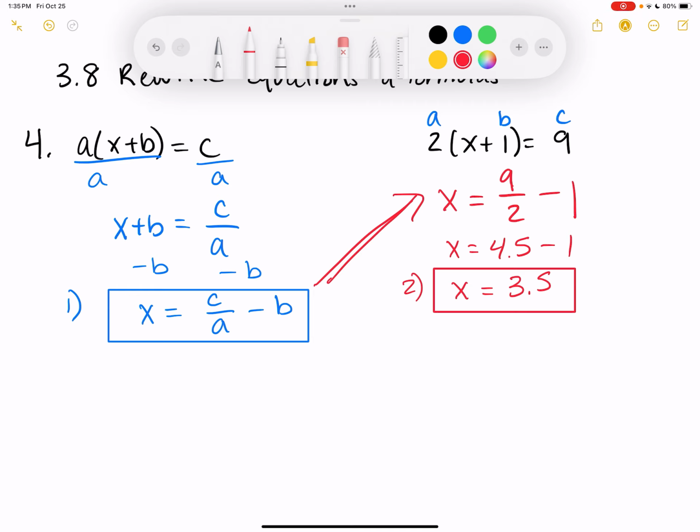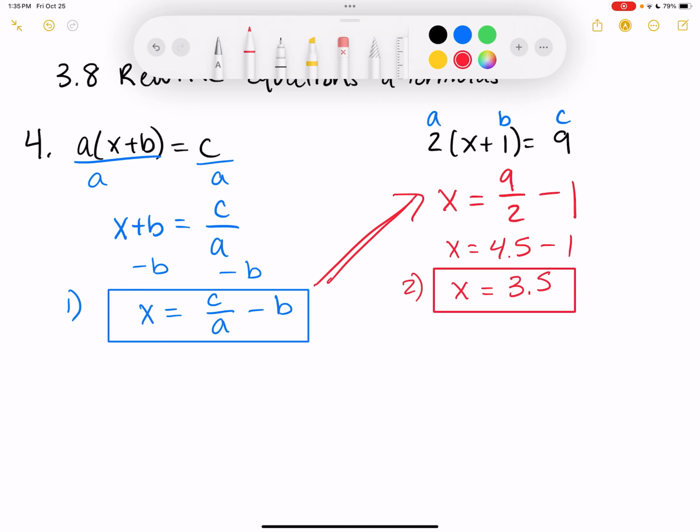They give us the exact same equation, and we're just looking at, okay, 2 matches up with A, 1 matches up with B, and 9 matches up with C, and then we can plug those numbers into the equation and solve. Okay, are we tracking? I'm going to do more, but I want to make sure we understand what I just did on that one problem.